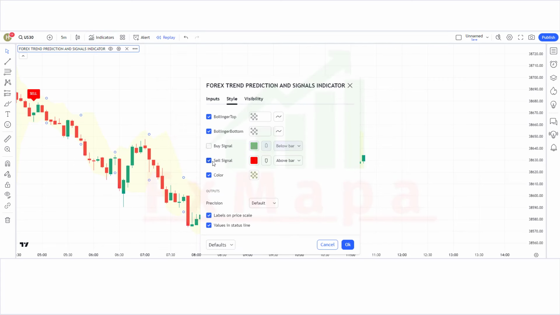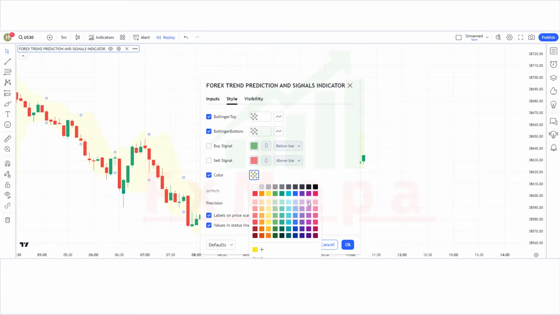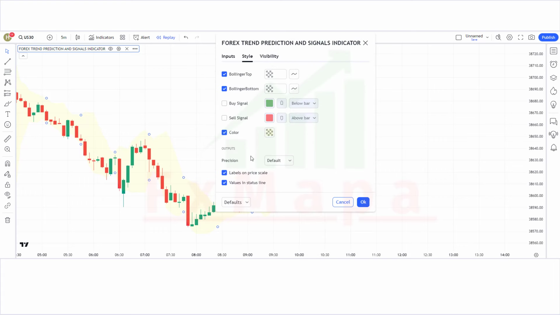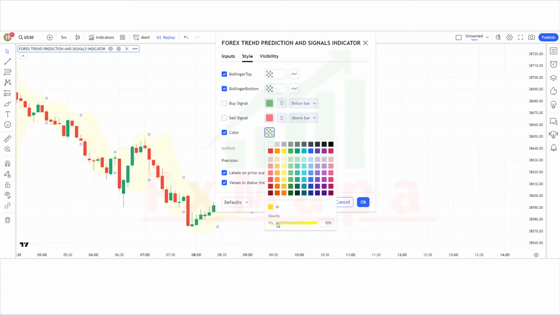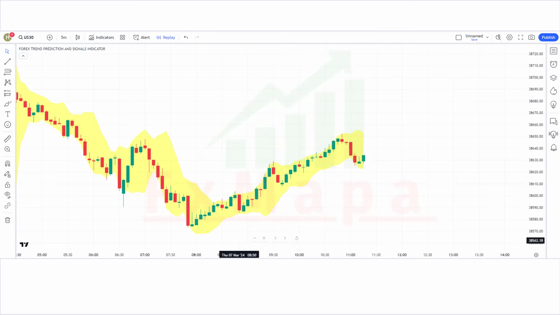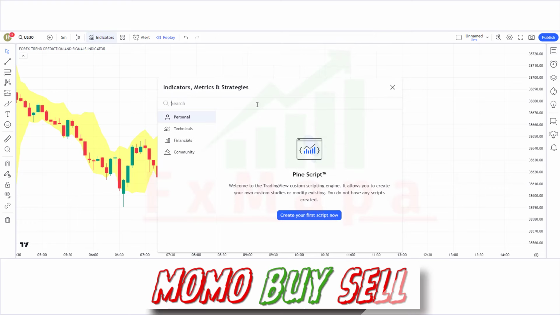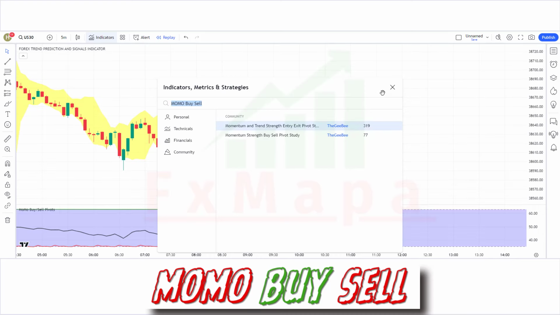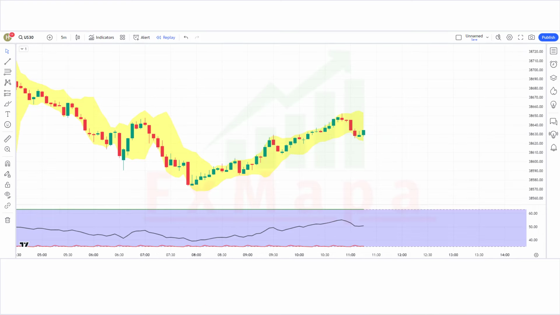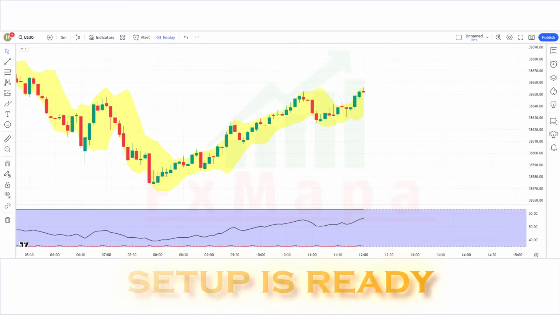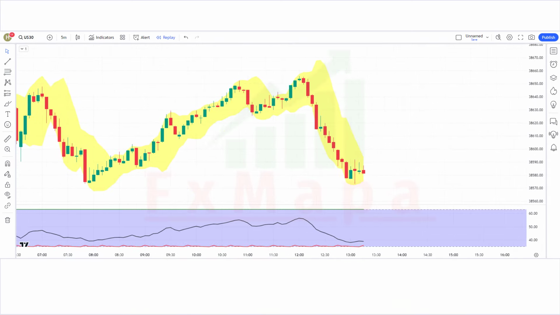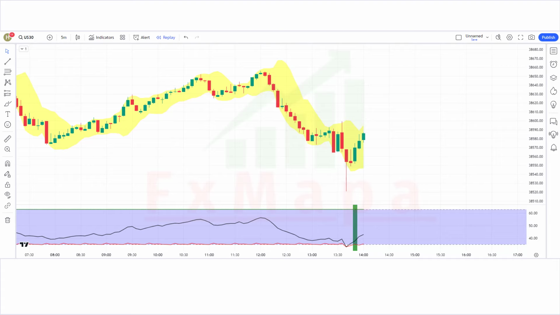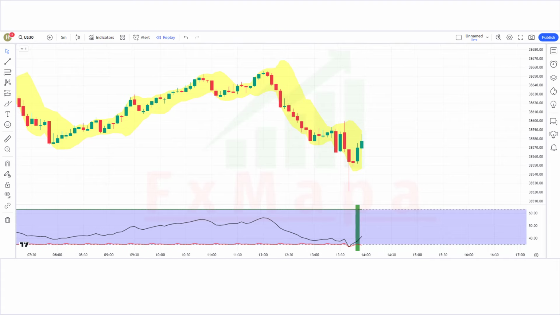Keep the indicator setting as I have shown here. Second indicator name is MOMO buy sell. Setup is ready. Now, let's understand the concept where we will take buy and sell trades based on their conditions.